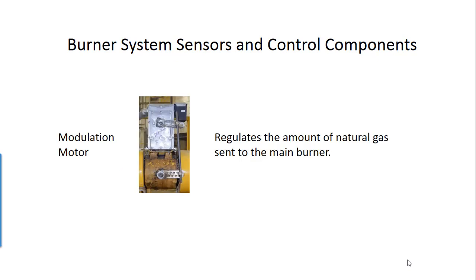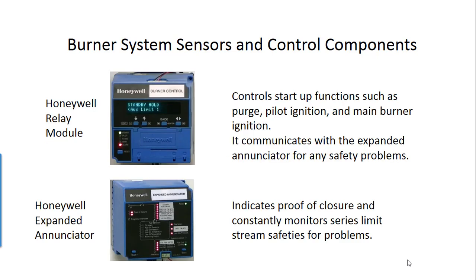Modulation motor. This regulates the amount of natural gas sent to the main burner. Now we're getting into the control aspects of the burner. And there's two main elements. The first is the Honeywell relay module. And you can see by looking at the picture, we call it a burner control.